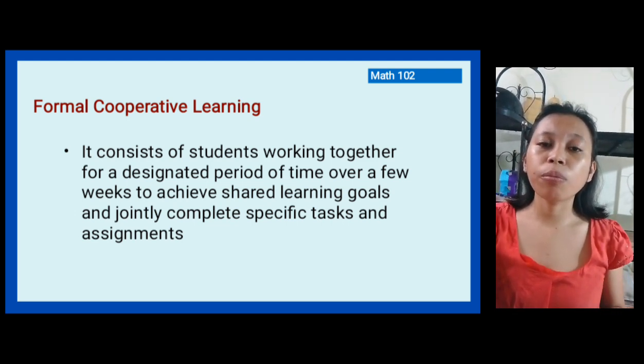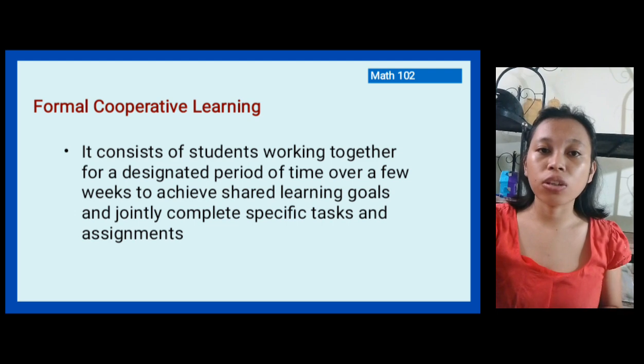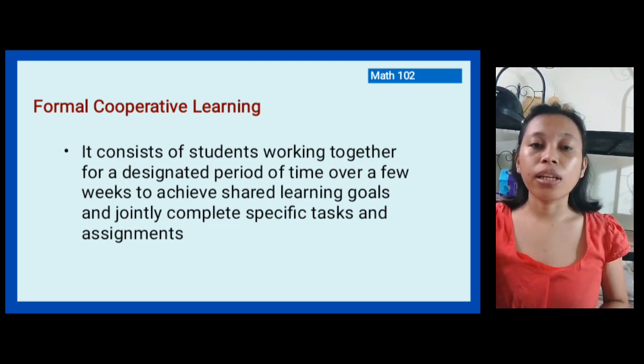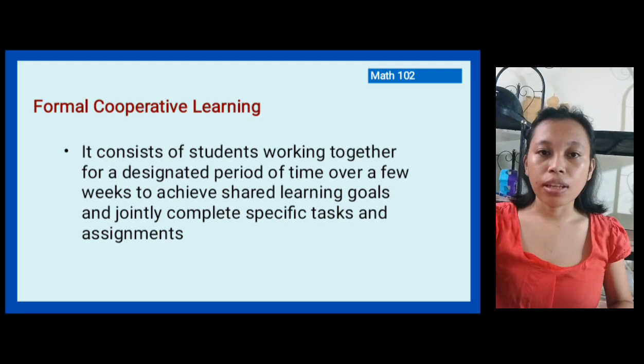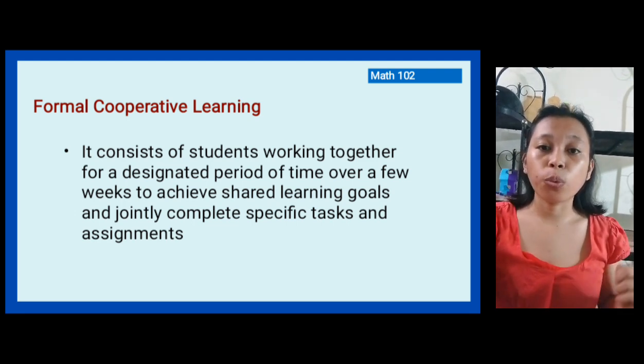It is where students work in structured groups over several days or weeks to complete a project with shared goals. That's formal cooperative learning. Days or weeks ang grupo.